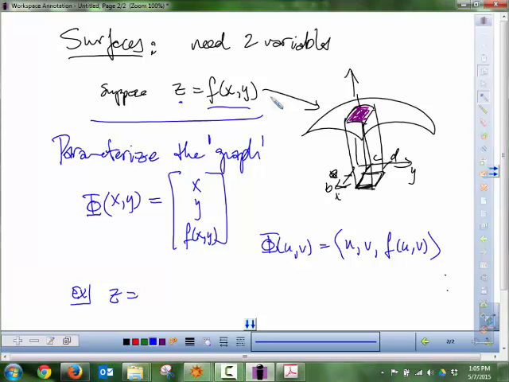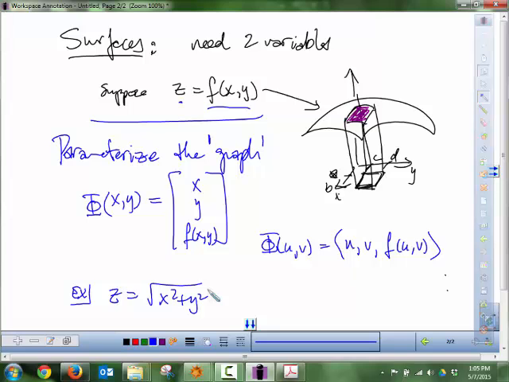Vague is not a good word to use in a math class. So let's come up with a function. Cone, sphere, or hemisphere. What do you guys want? Cone. I think it's square root of x squared plus y squared. All right? So let's parameterize that.